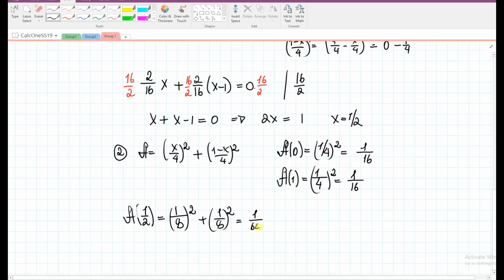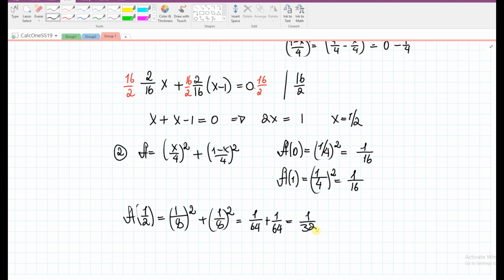So 1 over 64 plus 1 over 64, which is 1 over 32. Okay, so what is bigger? 1 over 16 is bigger, right?